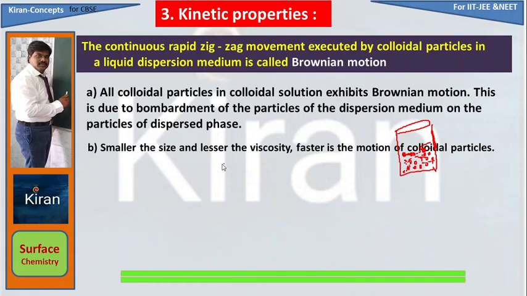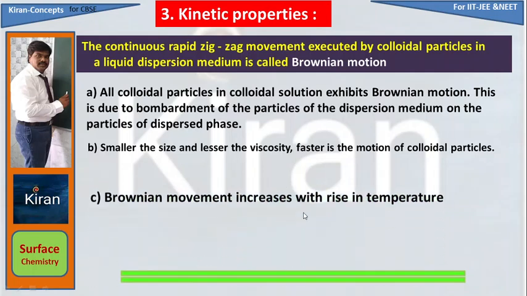Smaller the size and lesser the viscosity, faster is the motion of colloidal particles. With small size, definitely the motion will be fast, and with less viscosity, the zigzag motion will be high.